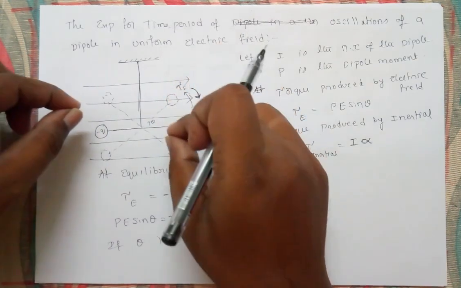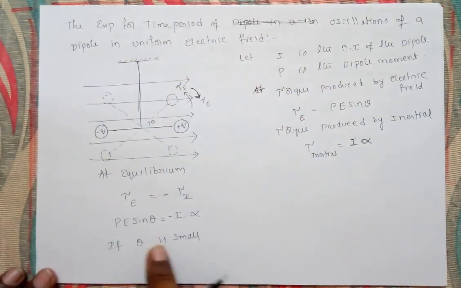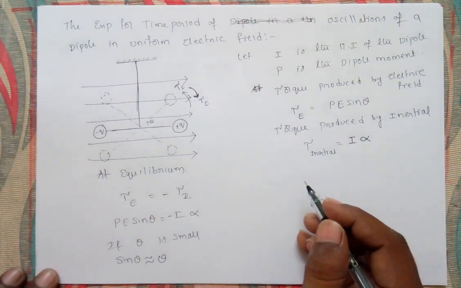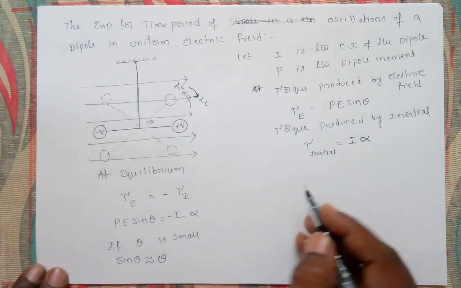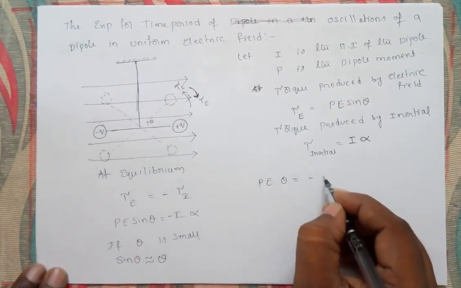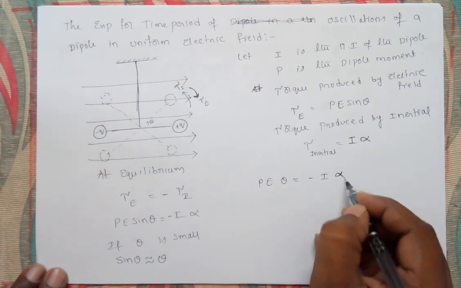Like this, if it is making small oscillations, then sin theta can be written as nearly theta. Then it changes to PE theta equals minus I alpha.